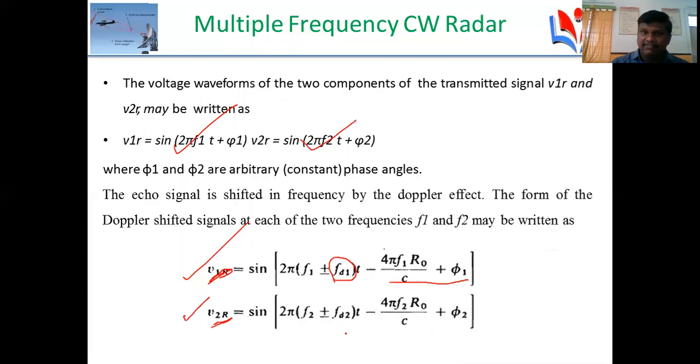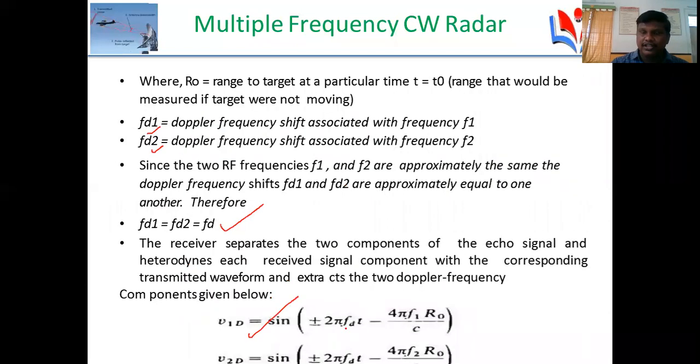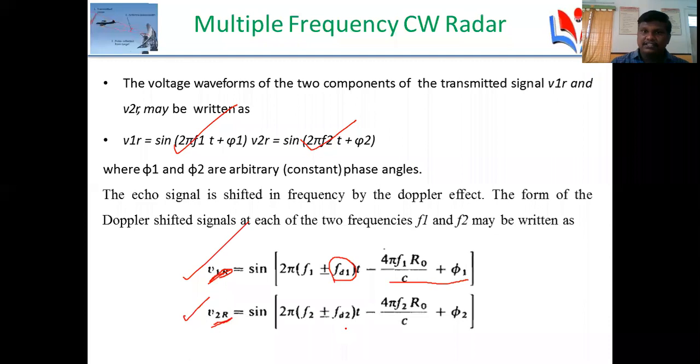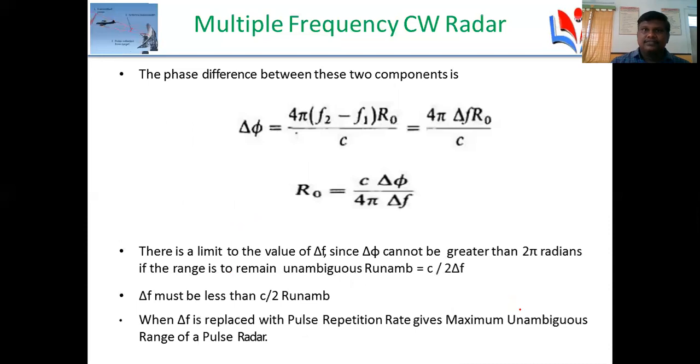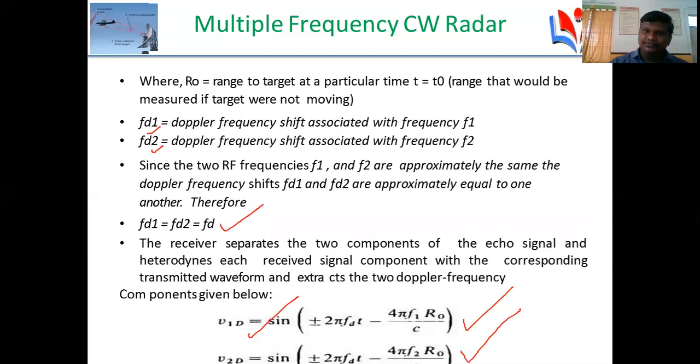Here, instead of FD1, FD2, we take only FD, using the concept of taking the difference between the first and the second. From this we have two components. The first component is related to the Doppler frequency, through which we can measure the relative velocity.